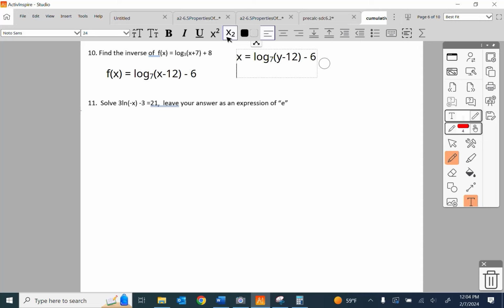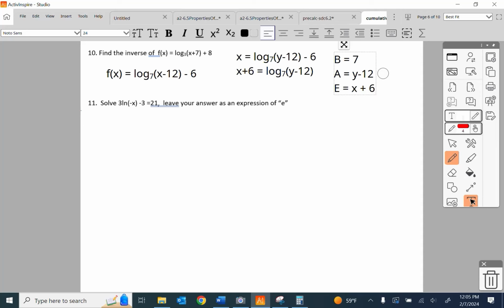I'm going to play the isolate the logarithm game. I'm going to add 6. The logarithm is successfully isolated. I'm going to identify my base. She's 7, because here's your base. I'm going to identify my answer. She is y minus 12, and I'm going to identify e as the stuff that's left over.